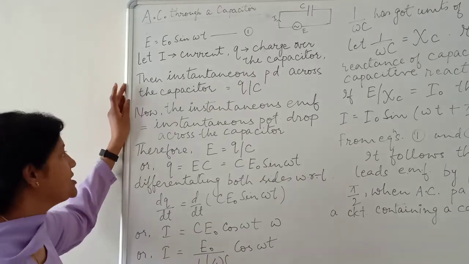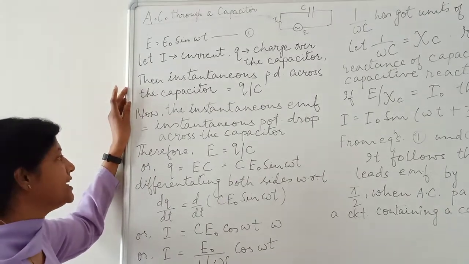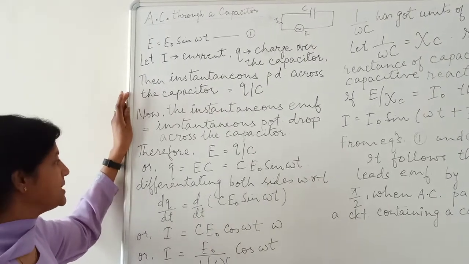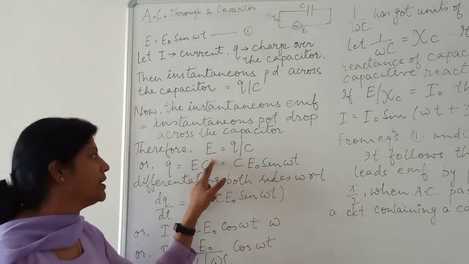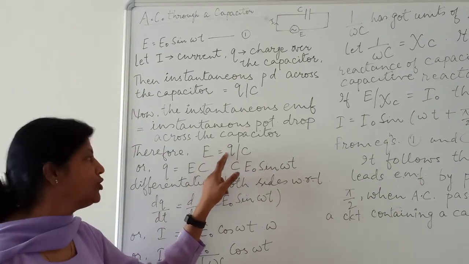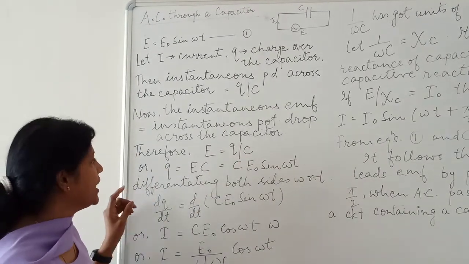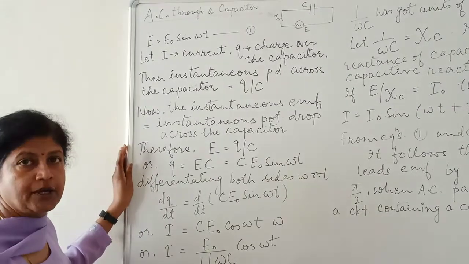Now the instantaneous EMF is equal to instantaneous potential drop across the capacitor. Therefore, E is equal to Q upon C, or we can write Q is equal to EC.